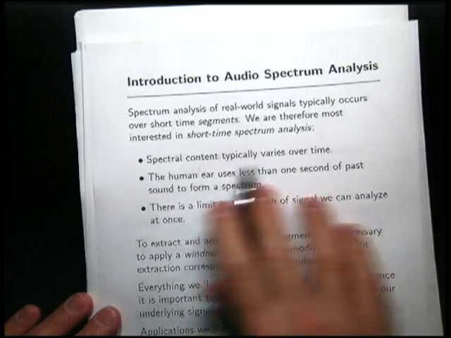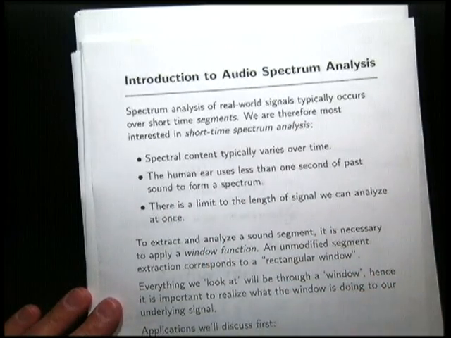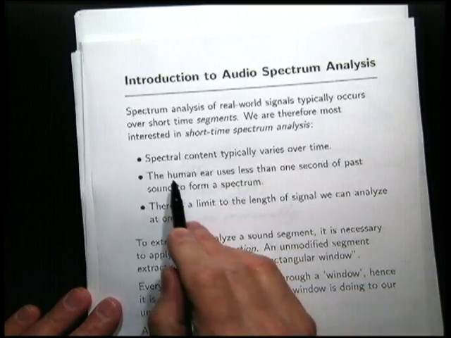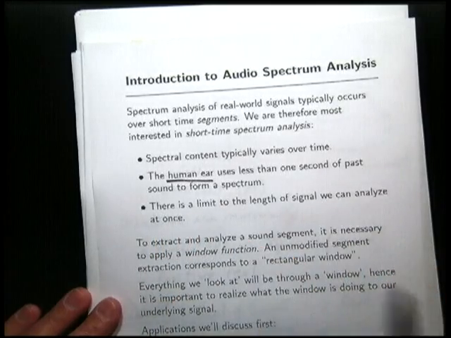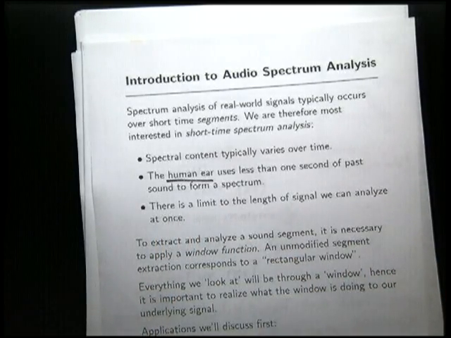So spectral content varies over time, and the key reason we need windows is that the human ear does a Fourier transform, but it does it over a short period of time. And I use the term Fourier transform loosely. It's a kind of Fourier transform. It's a spectrum analysis over a duration that varies with frequency.